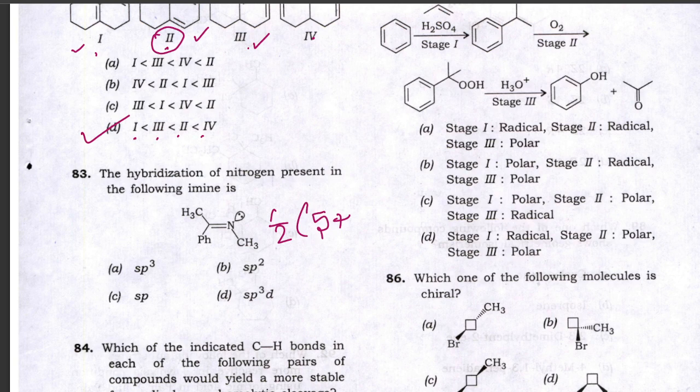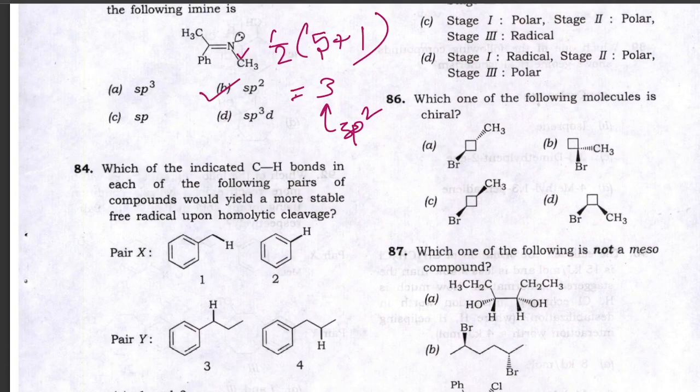So one single bond: carbon, this single bond, and this is a double bond. If we took one monovalent, then in that case 2, but we ultimately have to take only the single bond, so that's why 1. Now this is 3, and if you get 3, this suggests the hybridization is sp2. So the correct option is P.